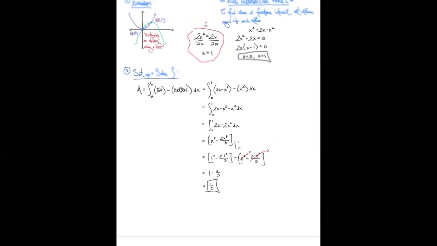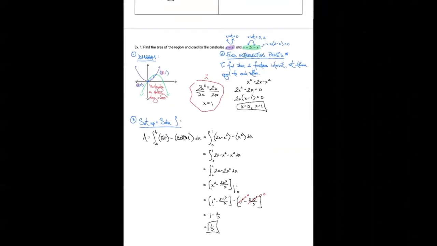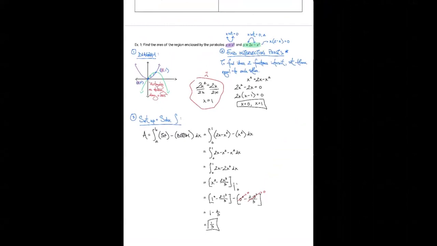Okay, so let's get that all on one page. All right, so the area of that little sliver is 1/3. And in order to find that, we had to draw a diagram. Consider, are we going to do dx or dy?